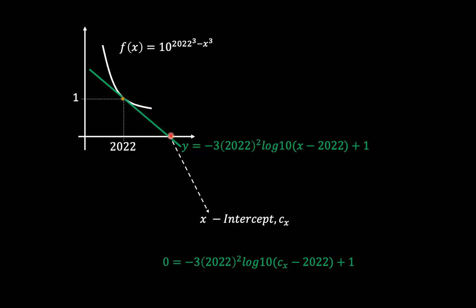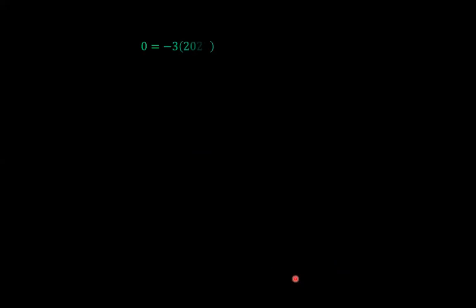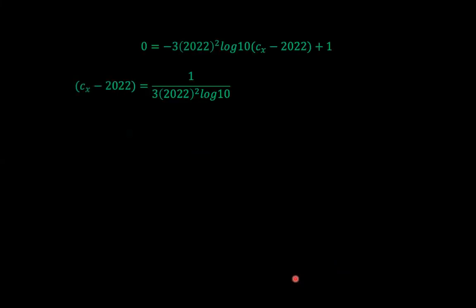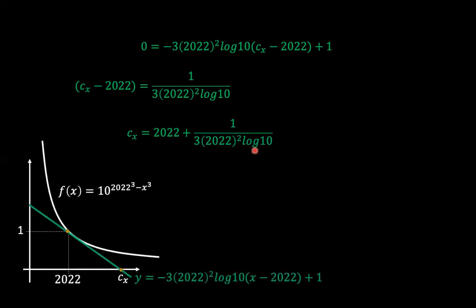Since this tangent also meets the x-axis at this x-intercept, and at that point y is 0, we can easily find that intercept, Cx. So Cx is equal to 2022 plus 1 over 3 times 2022 squared log 10. So this is our graph, and as we said, the area under the curve is definitely less than the area under the tangent, right?